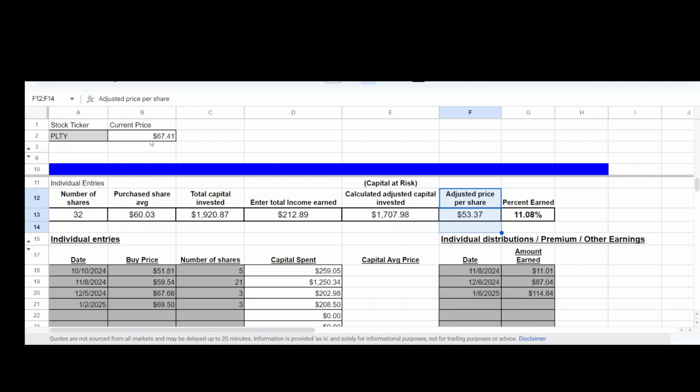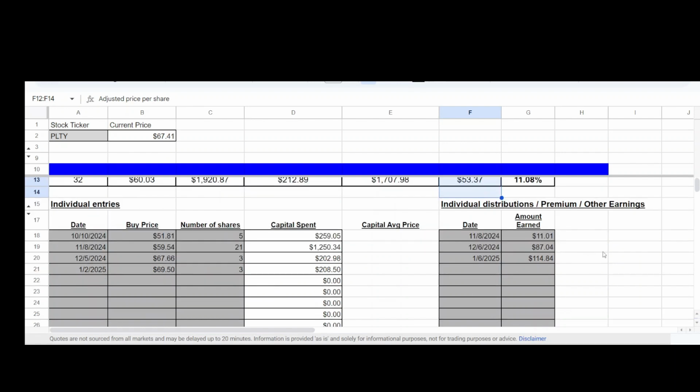Now, what I would like is, if the actual price dropped below the $53.37 of my actual average, then when I purchase, I'm not averaging up. I would be able to average down at that point, if that makes sense.